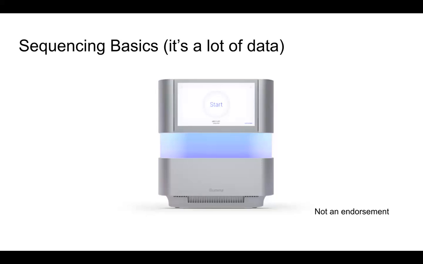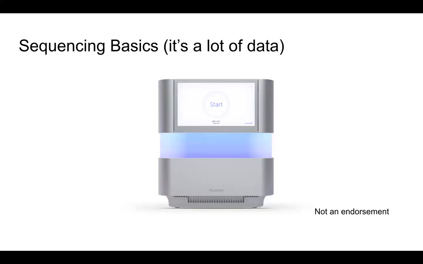For people who are complete noobs to bioinformatics, and kudos to you for being here if you are, you're starting your journey. This thing will generally pump out millions and millions of reads that are about 300 nucleotides, usually paired to another read that's about 300 nucleotides. So that's sort of the state of play.